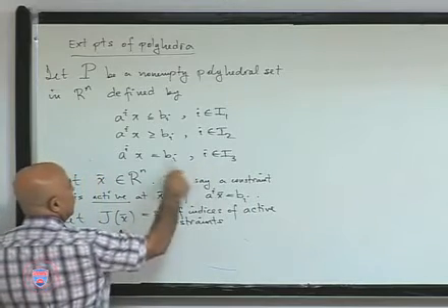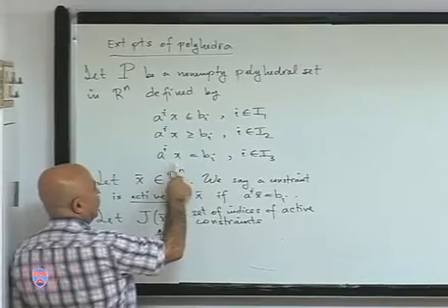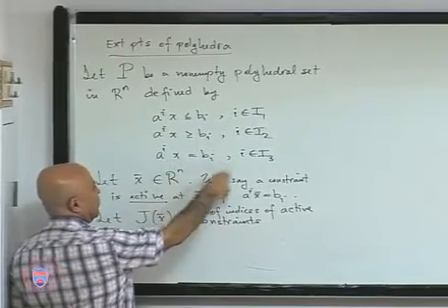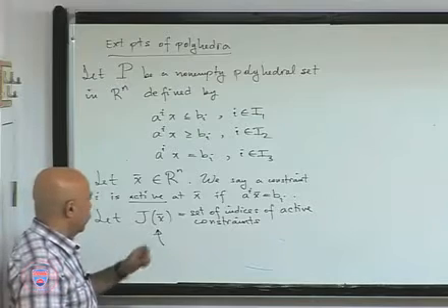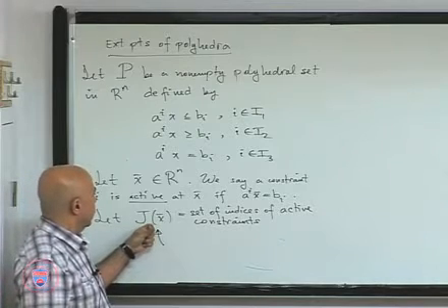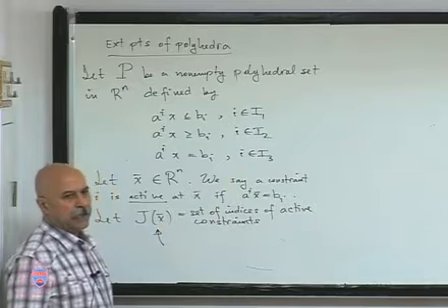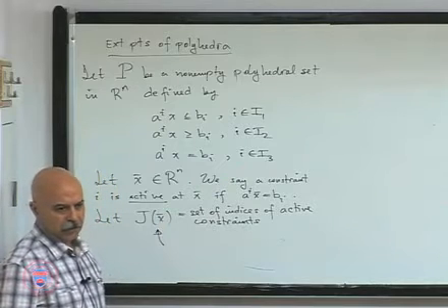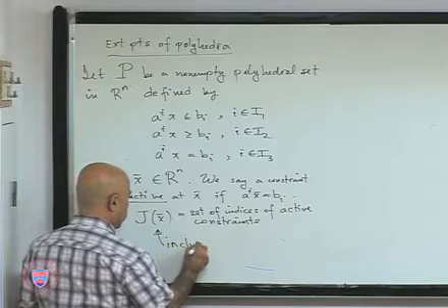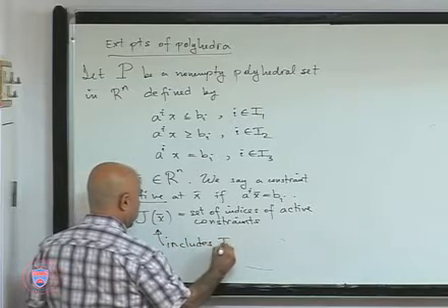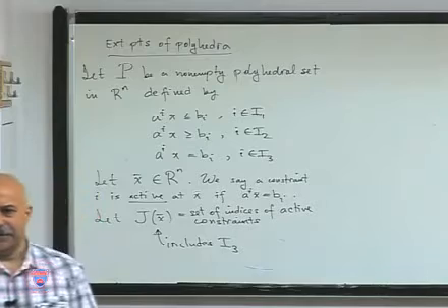Since we always require a solution to satisfy the third set of constraints, the equalities, we always assume that J of x bar includes the set I sub 3 in it. Okay? So this set always includes I3, indices in I3, by definition, by convention.